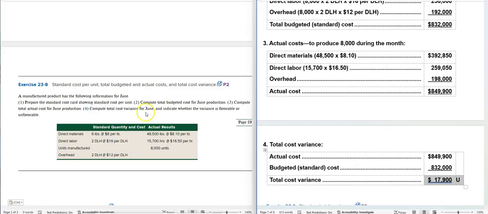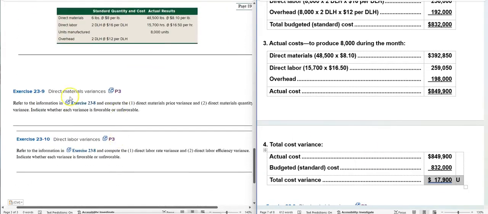So we can further analyze by calculating variances for each of those elements, direct materials, direct labor, and we could do it for overhead. But we're going to calculate a direct material variance and then a direct labor variance.